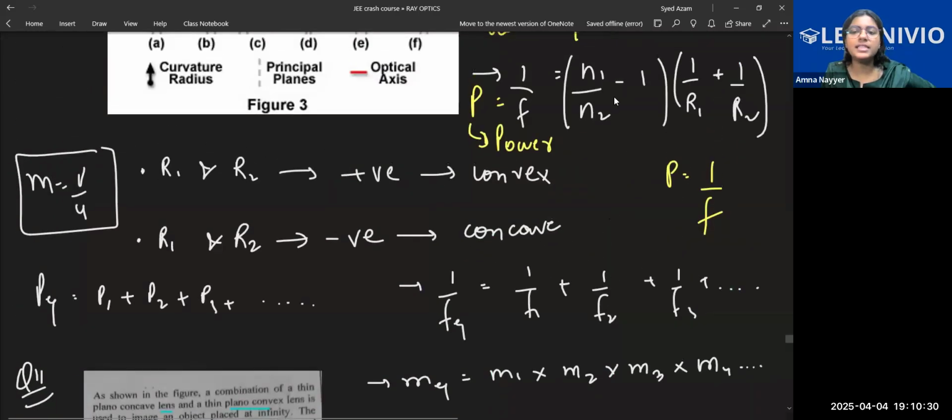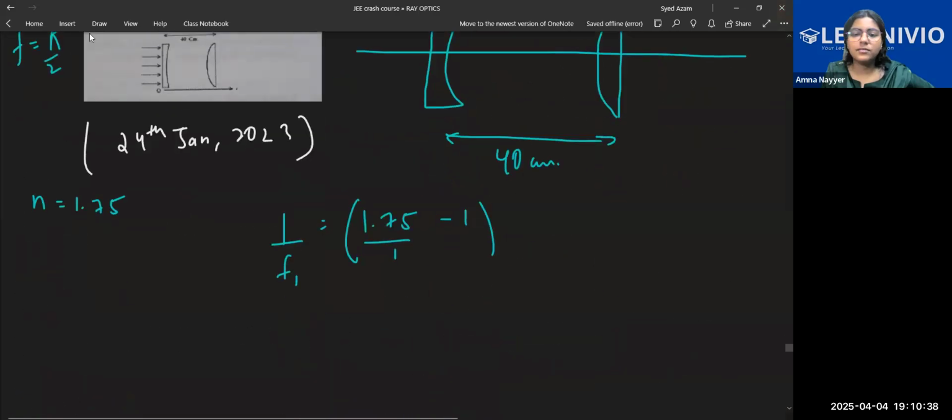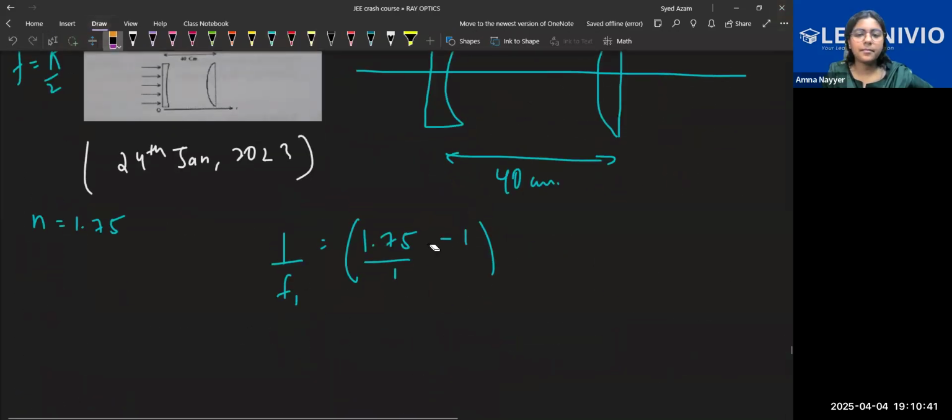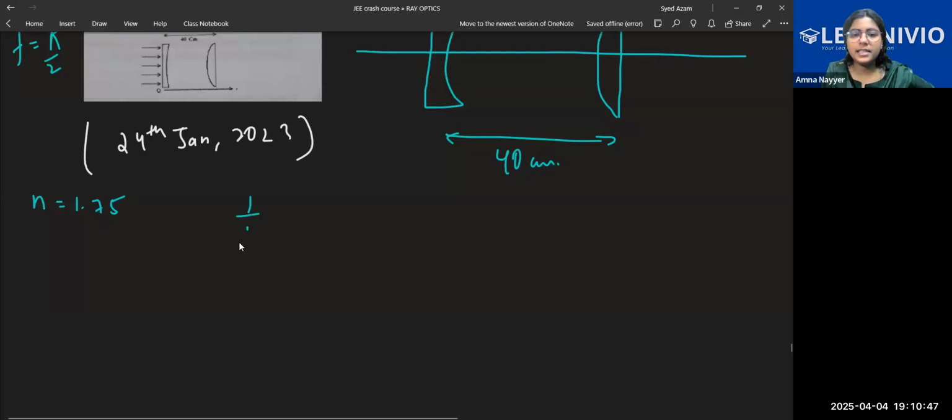If you remember, the formula is 1 by f is equal to n1 by n2 minus 1, 1 by r1 plus 1 by r2. Correct. Let me write down this first.